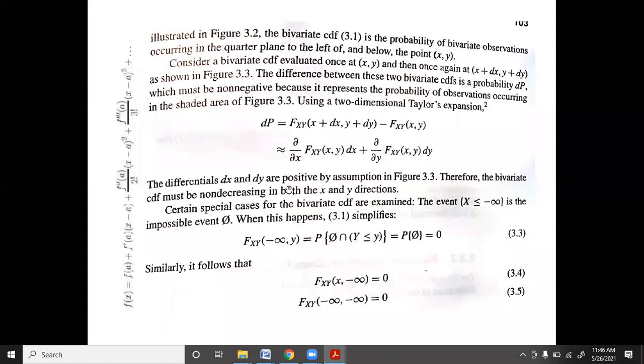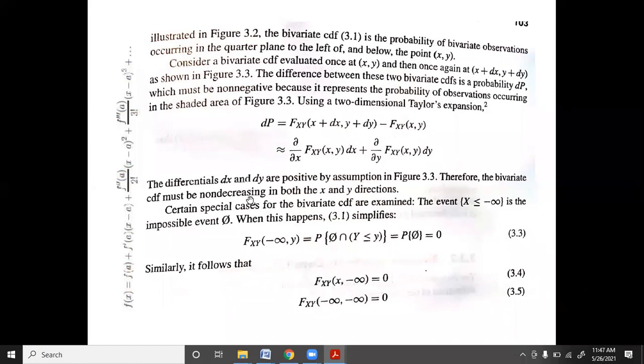So this is two-dimensional, whereas you might have written one-dimensional. In two dimensions, this quantity is equal to this plus these two, considering only the first order value. Second order, third order, and so on are neglected.